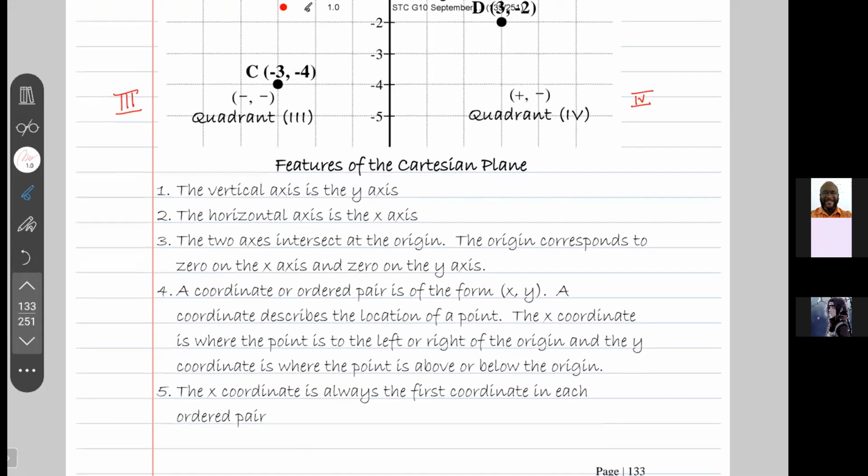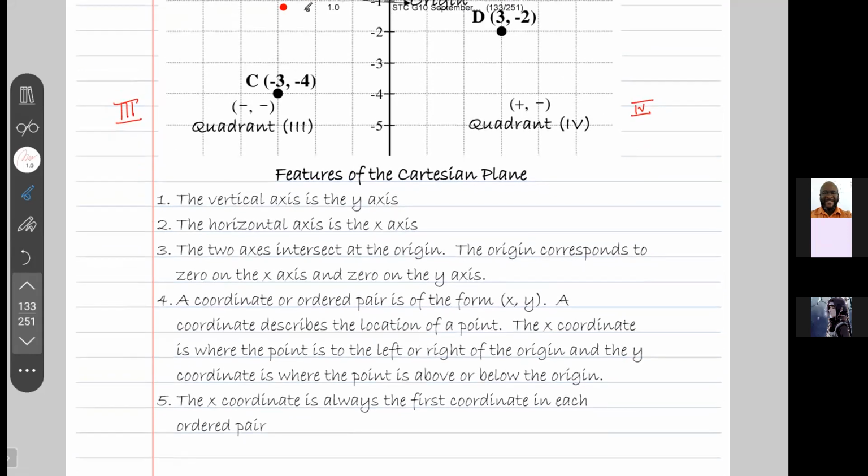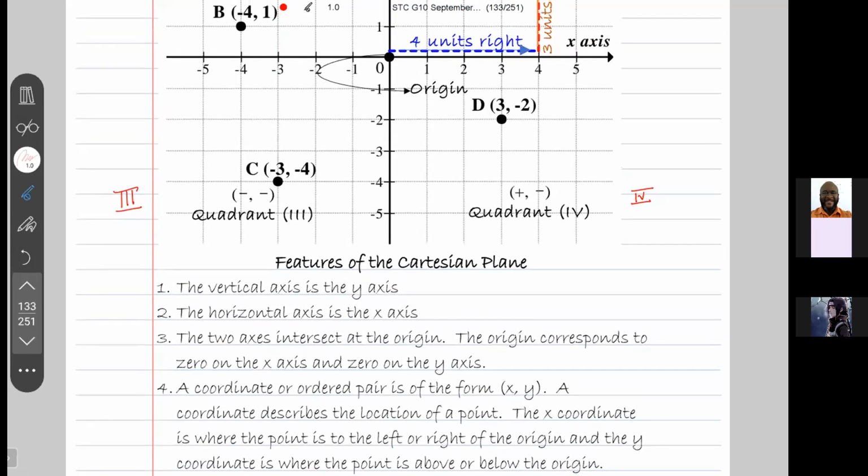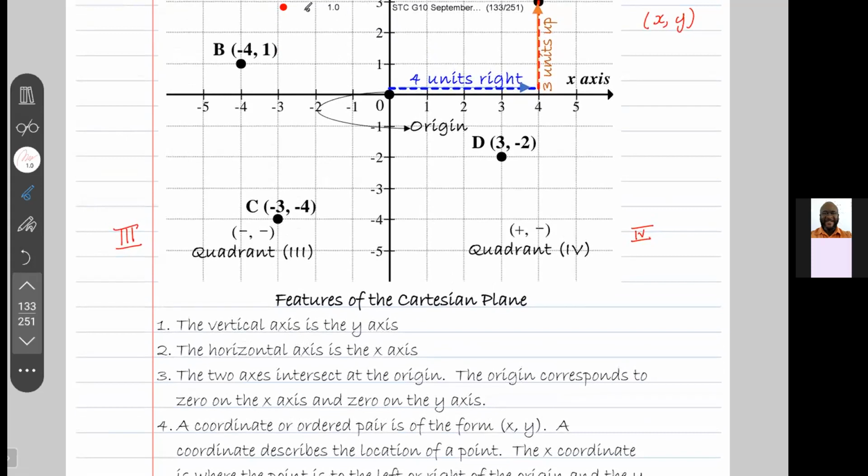So feature number one, as I said before, the vertical axis is called the y-axis. The horizontal axis is called the x-axis. Now the two axes intersect at the origin. The origin corresponds to 0 on the x-axis and 0 on the y-axis.